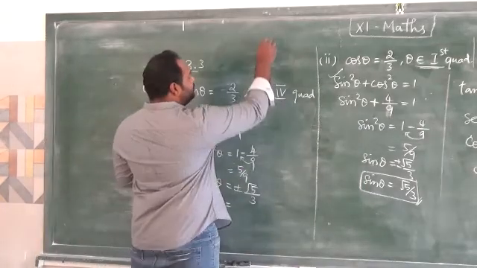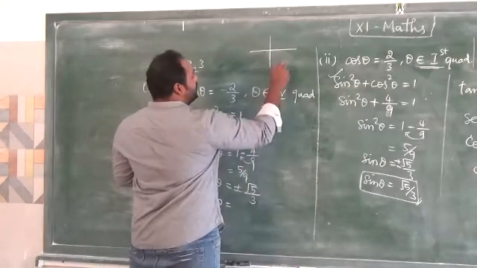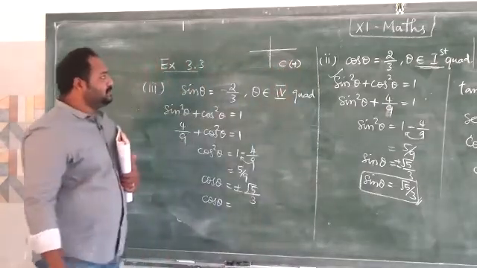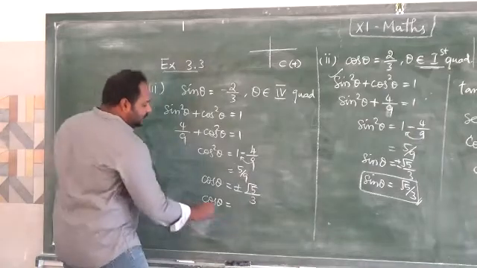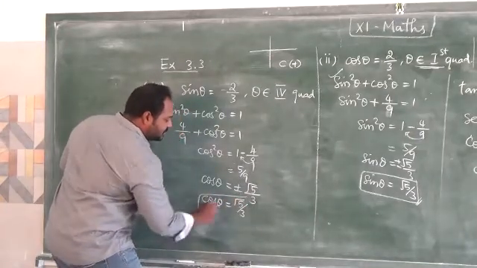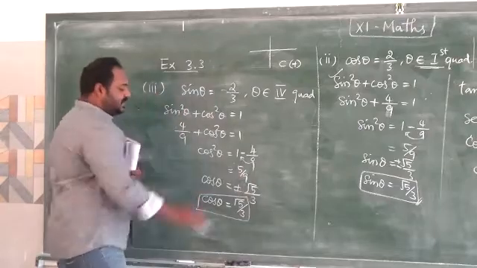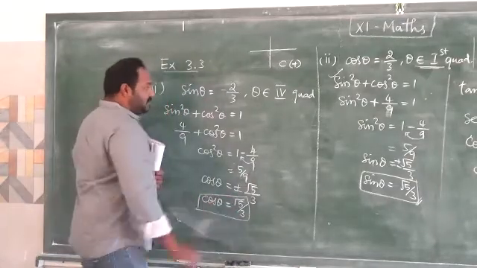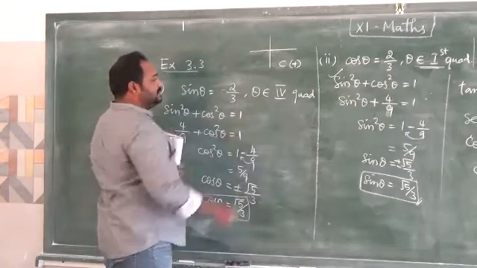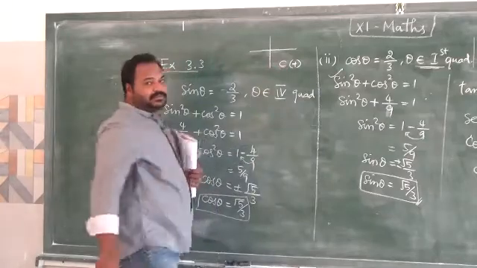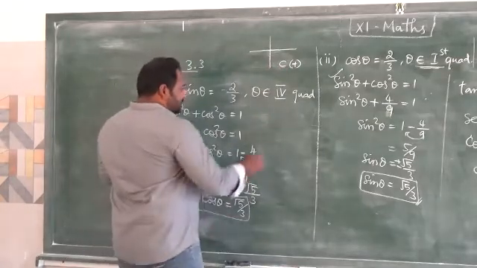It belongs to the fourth quadrant. In the fourth quadrant, cos alone and its reciprocal are positive. So cos theta is a positive value. So root 5 by 3 is strictly positive. Don't write plus or minus root 5 by 3. It is strictly positive because theta lies in the fourth quadrant, where cos and secant are positive.